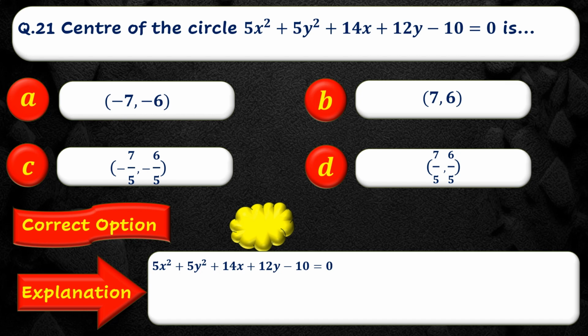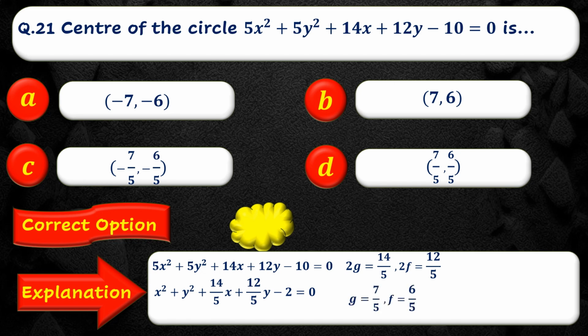To get it into general form, we must divide by 5 and we get x² + y² + (14/5)x + (12/5)y − 12/5 = 0. Here, the values of 2g and 2f are these. Therefore, g and f will be this. The center is (−g, −f). Therefore, the center of the given circle will be (−7/5, −6/5). Therefore, the correct option is option C.